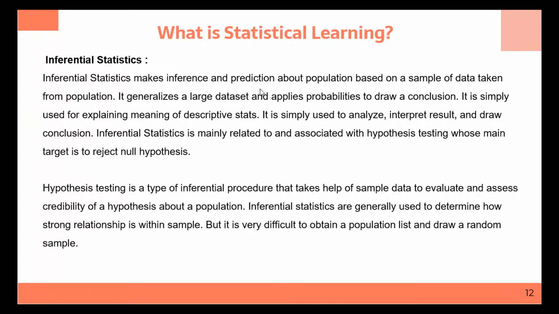So if there are 100 students, I randomly pick 10 students and take a test on them. Out of those 10, they all pass with 80 to 90% marks. So now I infer that in my school, all students are passing in the range 80 to 90.